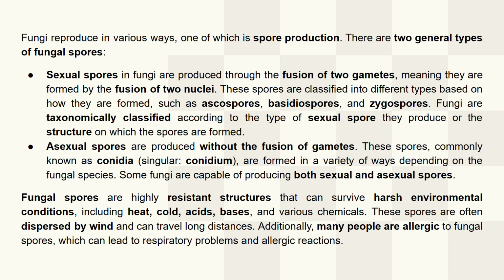When we say asexual spores, it is produced without fusion of gametes. That's simple as that. And take note, some fungi are capable of both sexual and asexual spores. They are producing sexually and asexually.